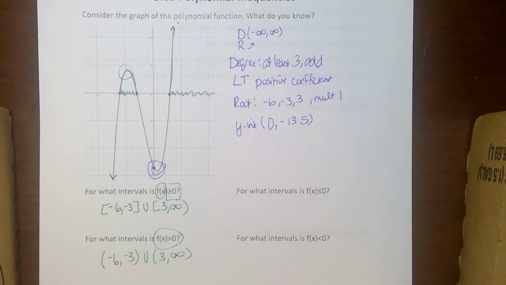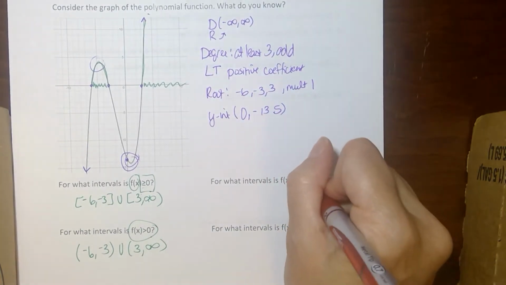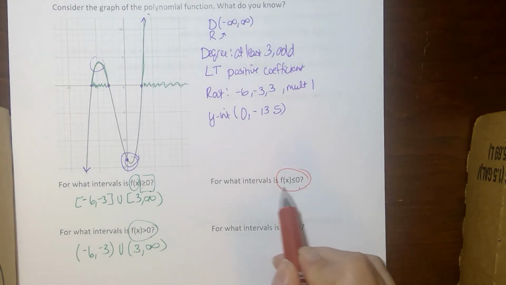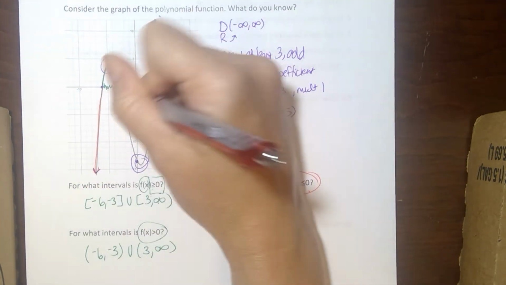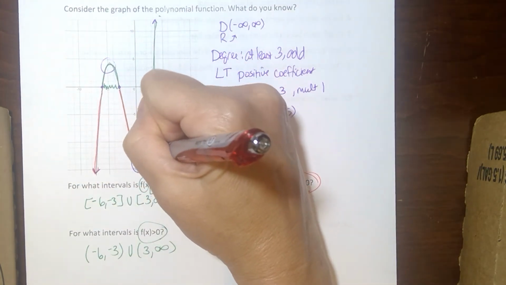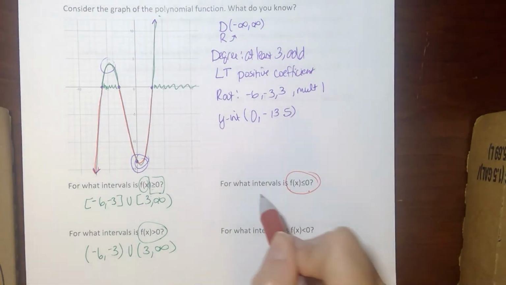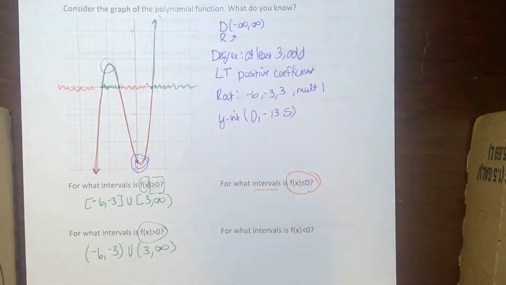What about this next question? For what intervals is my function value, my y value, less than or equal to 0? Well, the function value is less than or equal to 0 anywhere the graph is below the x-axis. So here my graph is less than or equal to 0. When I give the interval, I'm giving the interval on the x-axis at which that happens.